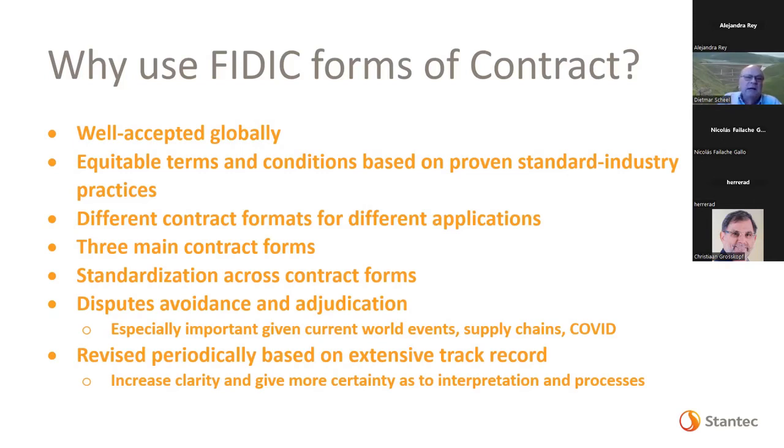And in recent years especially, FIDIC has been giving guidance on certain current world events, supply chain issues, COVID, a number of the issues that I mentioned in my earlier seminar on procurement issues. And as I mentioned earlier, they're revised periodically based on extensive track record.